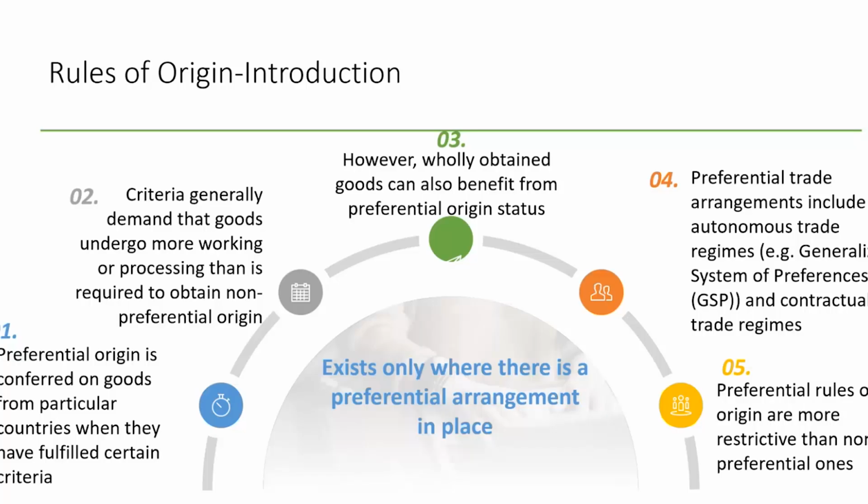So when you're claiming preferential origin, what is it? It's conferred on goods from particular countries when they have fulfilled certain criteria. The criteria generally demand that goods undergo more working and processing than is required to obtain non-preferential origin. Yeah, there's an economic benefit to it, right? So you need to show that the country you're claiming origin for, that their national economy was involved in the production of those goods.